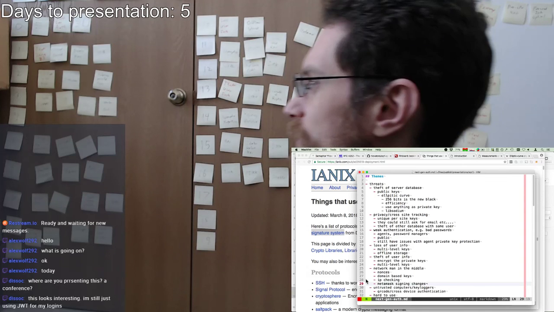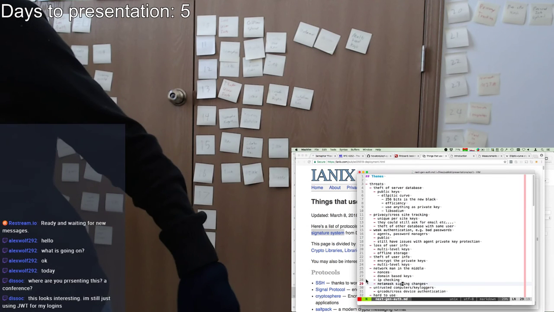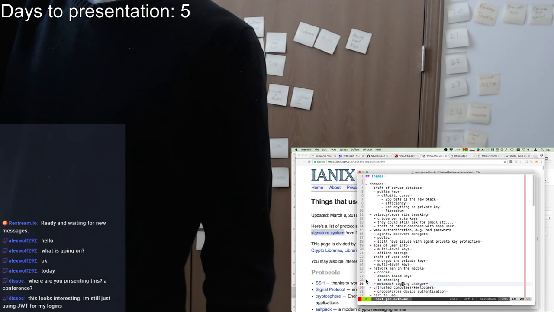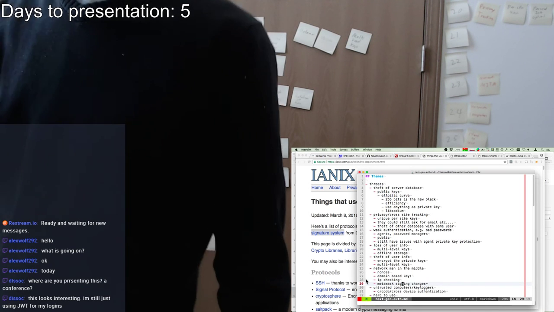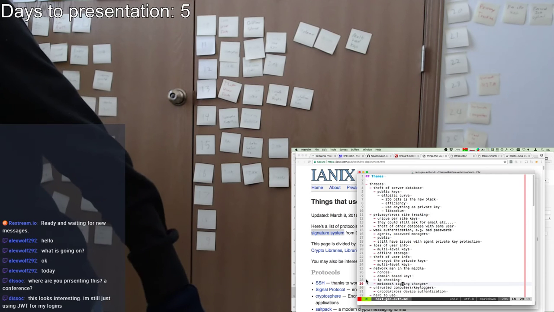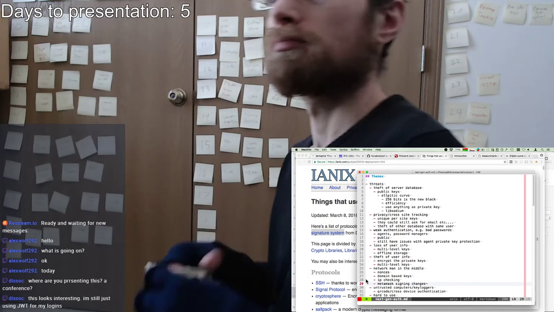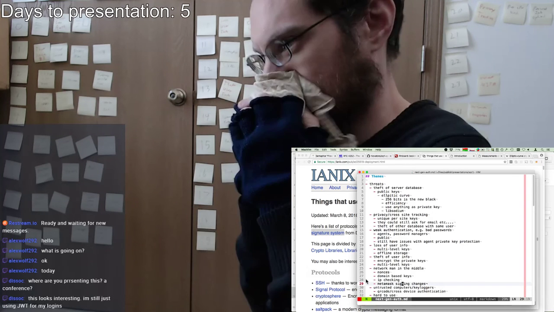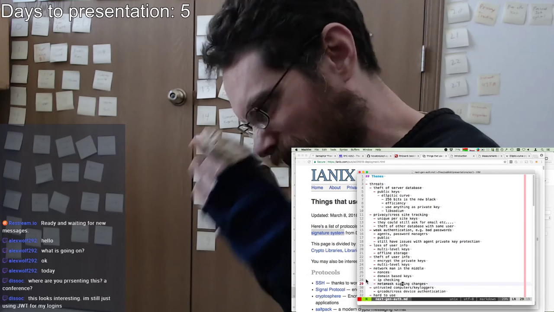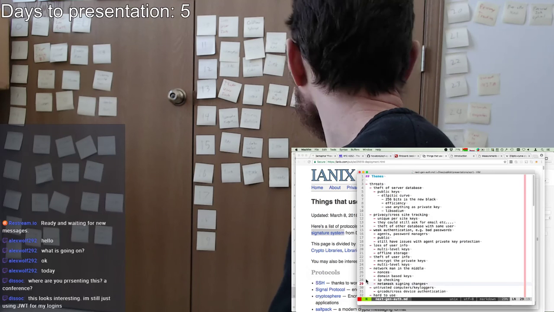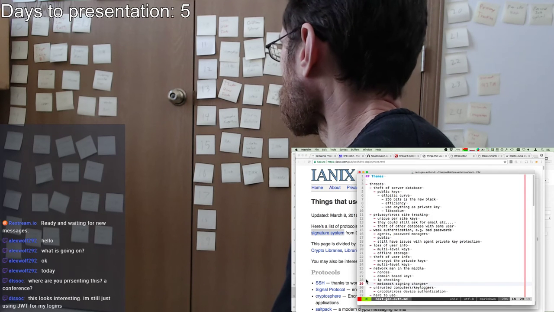But we want to focus mainly on small keys, I think, at this point. This is not as much progress as I was hoping for.